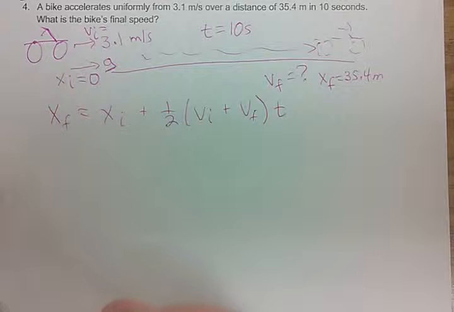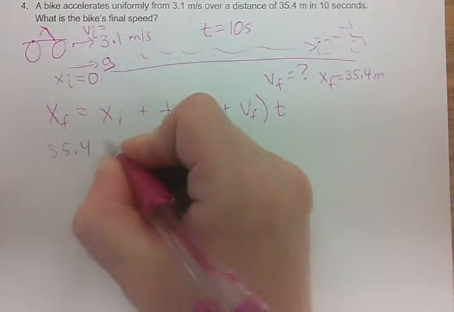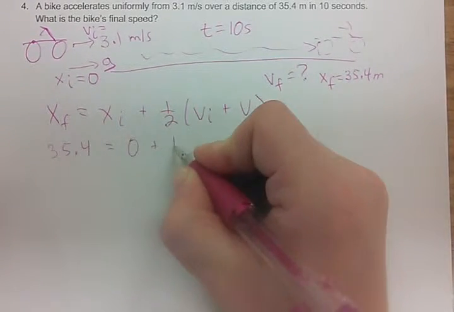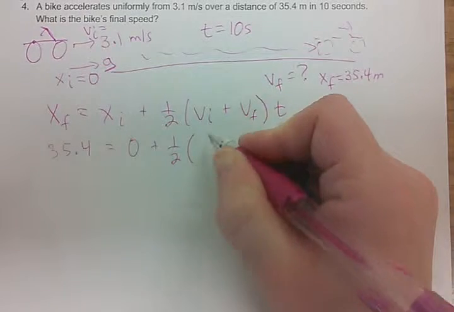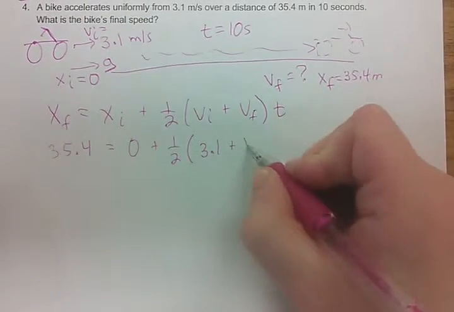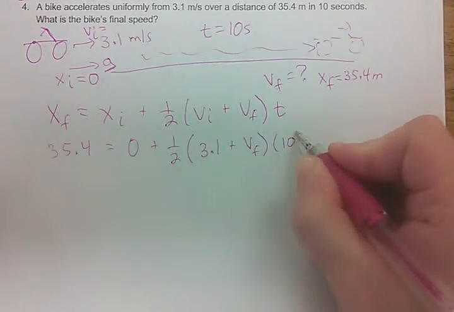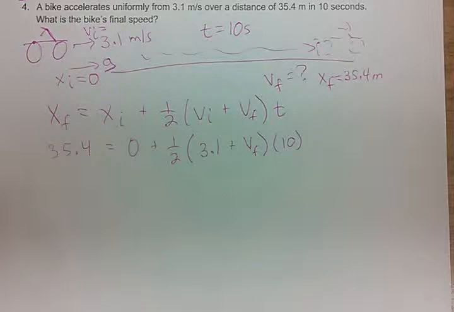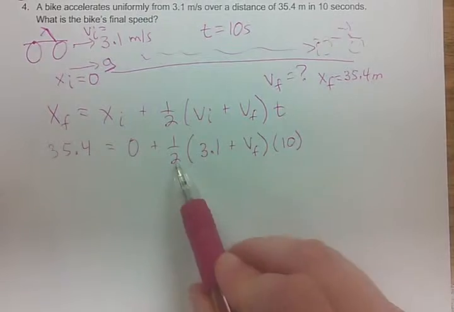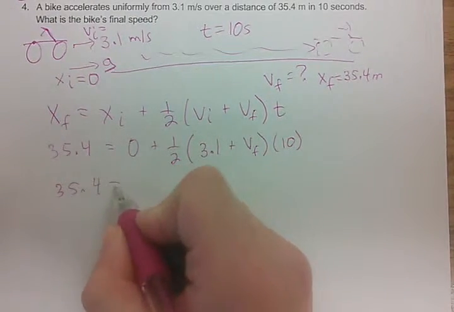So then we plug in the variables and check through the algebra. So XF is going to be 35.4, XI is 0, VI is 3.1. VF is what we're looking for, so we just leave that as a variable. And then T is 10. So the first thing I'm going to do is just do the 1/2 times 10, and that is equal to 5.